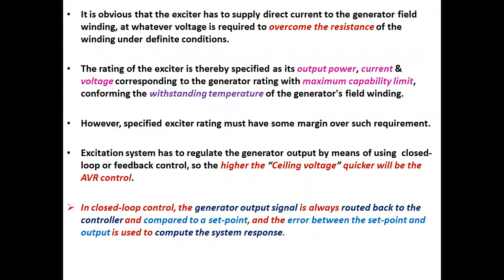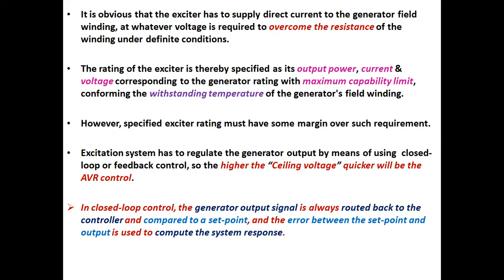It is obvious that the exciter has to supply direct current to the generator field winding at whatever voltage is required to overcome the resistance of the winding under definite conditions.